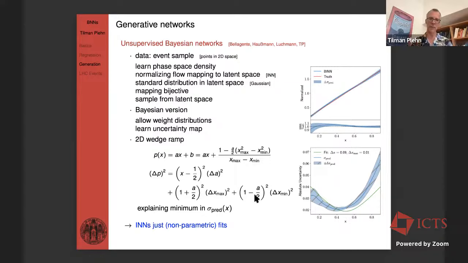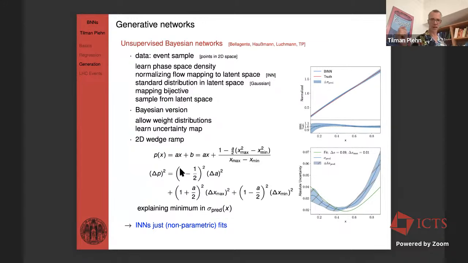However, the first term, the uncertainty on the density that comes from modeling A, so the slope, has a prefactor that vanishes at 1/2. So in other words, if you knew that the density of a phase space is described by something like a linear function, and now you fit the linear function, you fit the prefactor, you fit the slope, you will also find that this is a minimum.